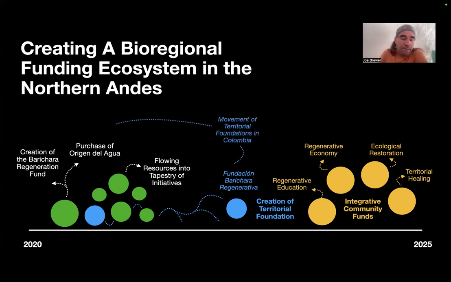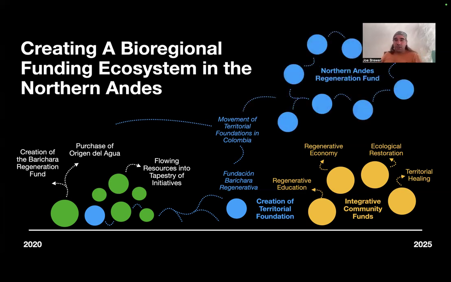But we were participating in the creation of a movement of territorial foundations the entire time, where now there are about 10 territories in Colombia that have either legally constituted a territorial foundation or are in the process. And because we created all this structure explicitly based on regeneration of our territory and a bioregional framework, we were able to bring the structure of Barichara Regenerativa to the Northern Andes Fund.